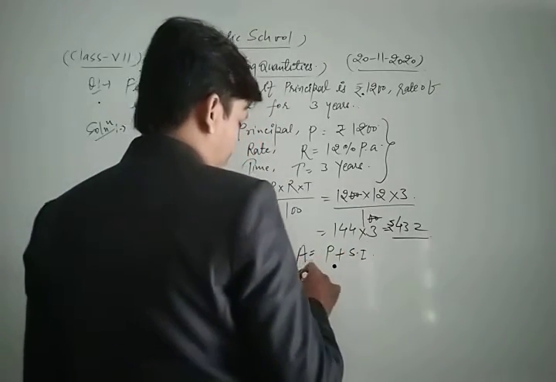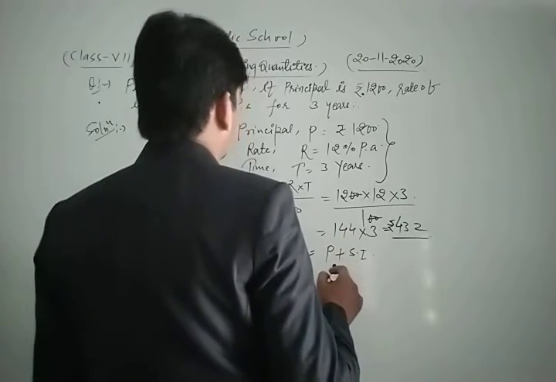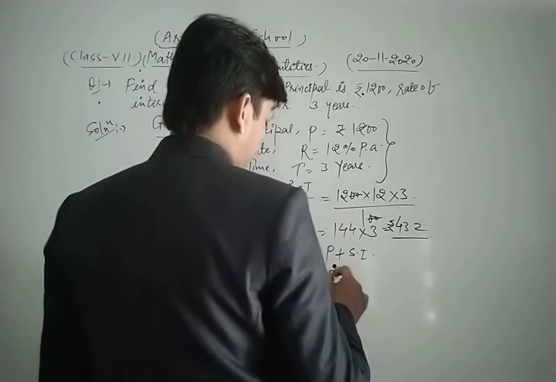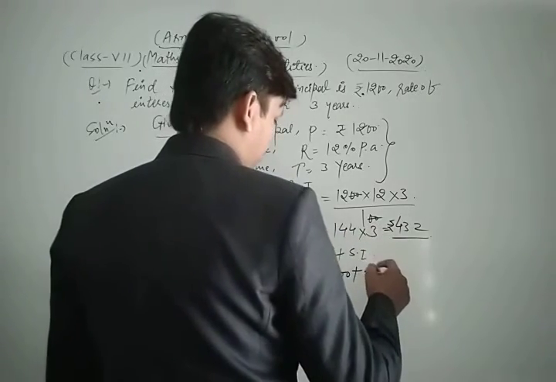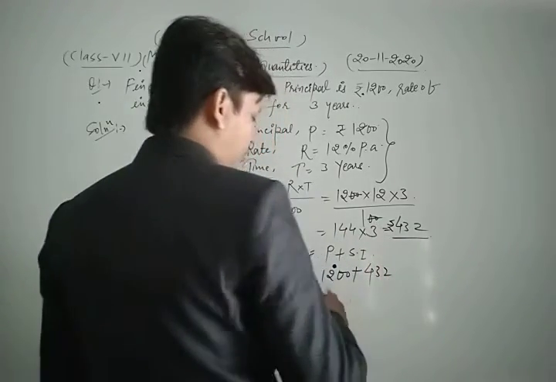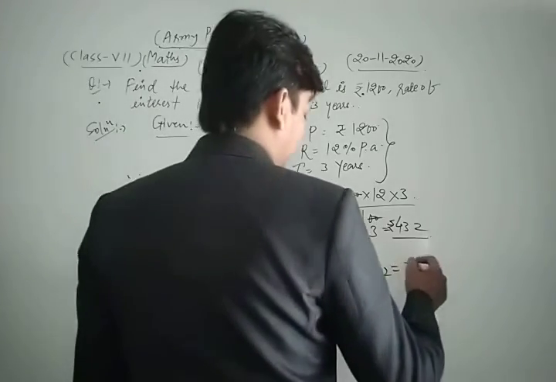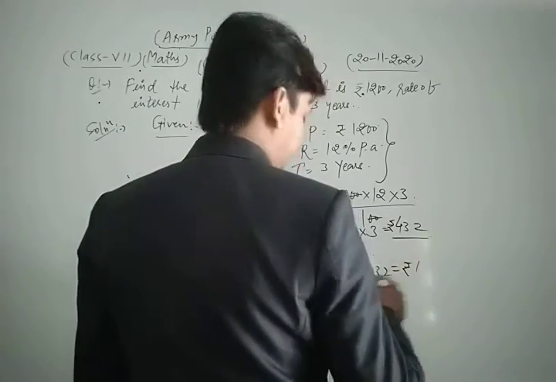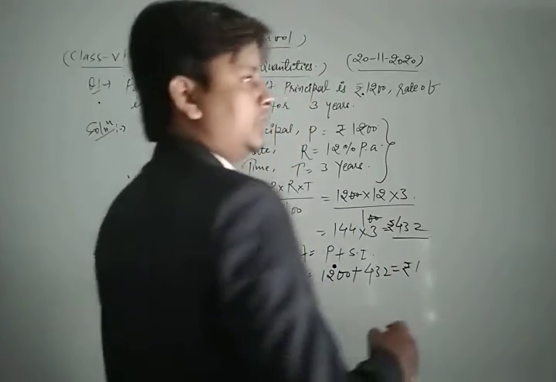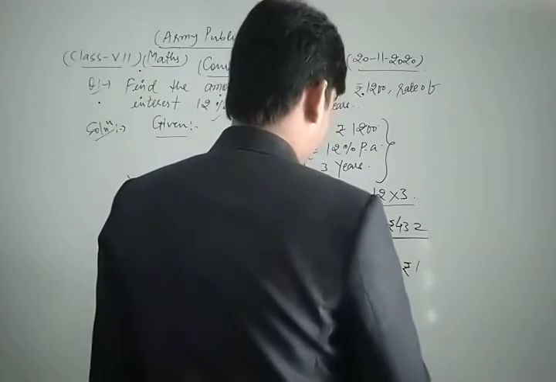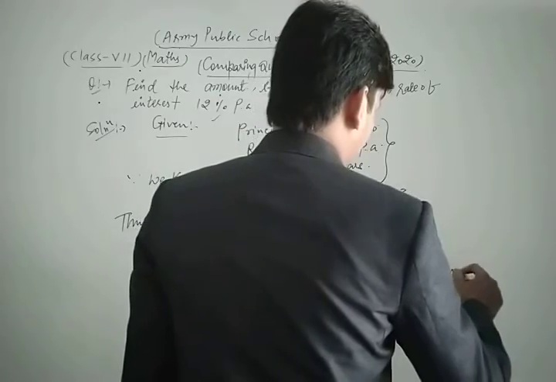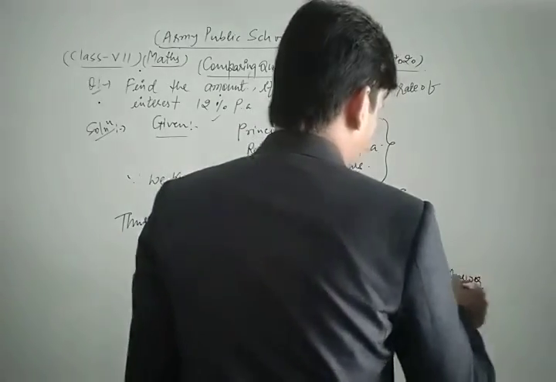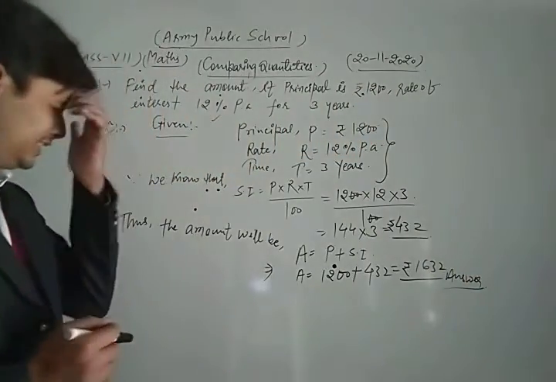So A is equal to P, which is 1200, plus simple interest, which is 432. So adding them, we get rupees 1632. This is our required solution of the given question.